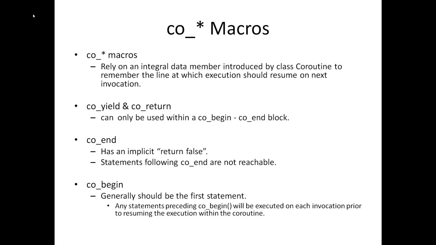If you choose to actually insert any statements prior to the co-begin statement, be aware that these statements will be evaluated on every single invocation of the coroutine prior to resuming from wherever it needs to resume.